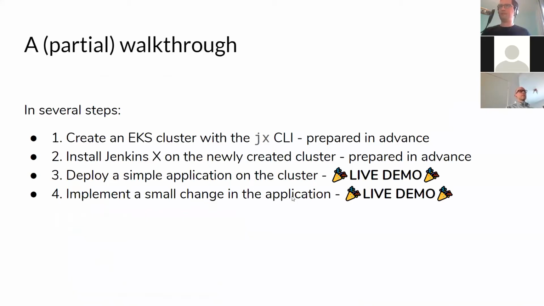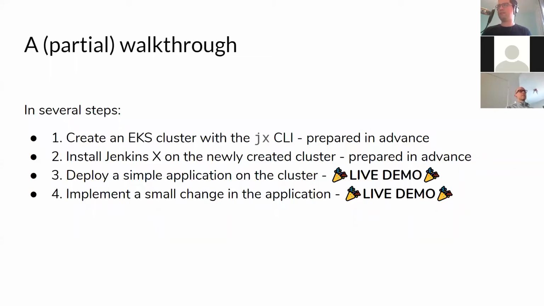So today, this session is going to be a partial walkthrough. I want it to be a full walkthrough, but since some of those steps take quite some time, I prepared them in advance. So there are basically 4 steps. One of them is creating a cluster, which I already did. I've chosen EKS to use for today's session, but Jenkins X supports several other cloud providers.